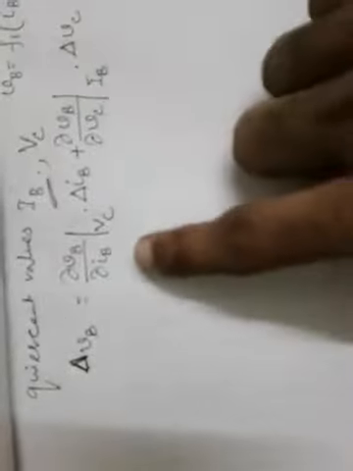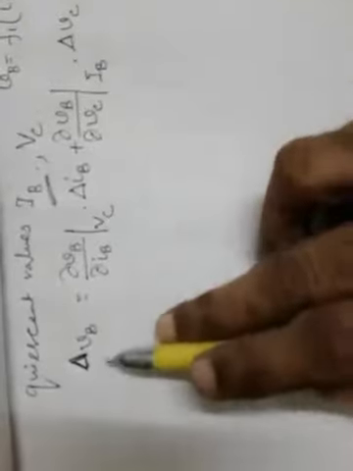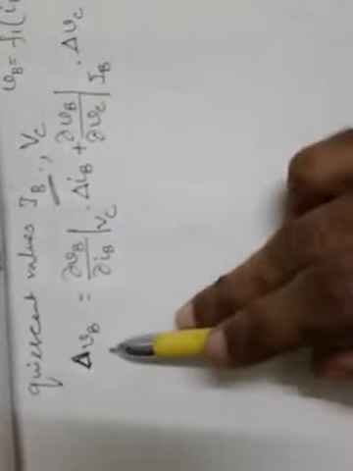And change means, for a multivariable function we need the partial derivative; for a single variable change we use delta. You know that this delta symbol is used to represent changes in the values of variables. So this equation can be written using this function through partial derivatives and the change in the values.